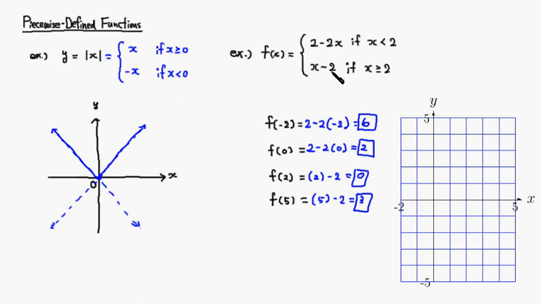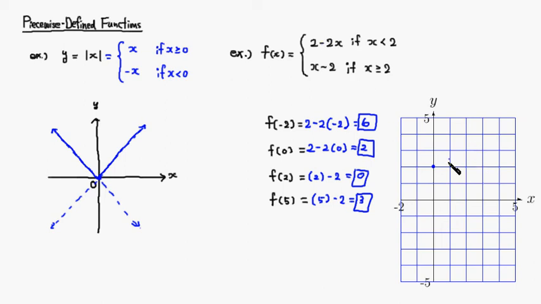Since there are multiple formulas given, you have to pick the right formula depending on the given x value. Let's sketch the graph of this piecewise defined function. Let's look at the top one. Its y-intercept is 2 and slope is negative 2. Start with that y-intercept 2, which is right here. As you go to the right 1 unit, you go down 2 units since the slope is negative 2.